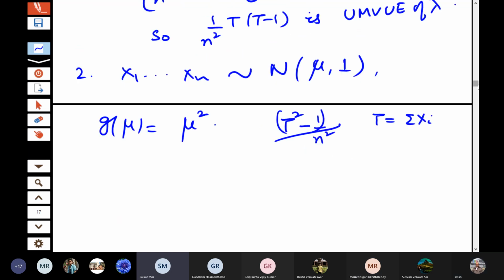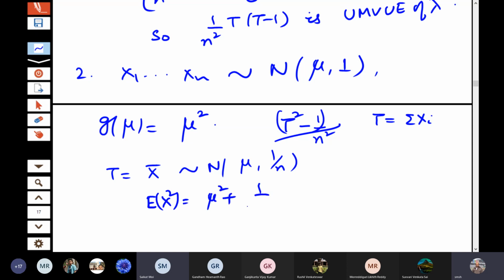See, so here t, if I take say x bar itself, then x bar follows normal mu 1 by n. Then expectation of x bar square becomes mu square plus 1 by n.